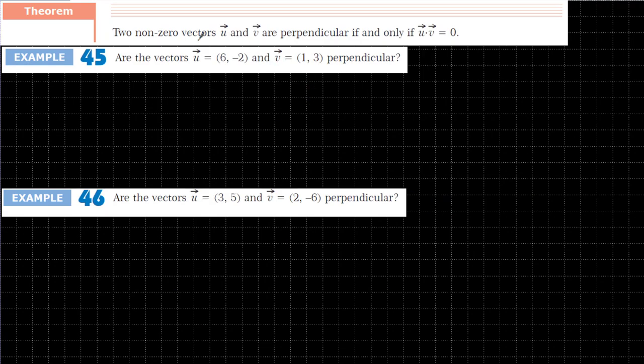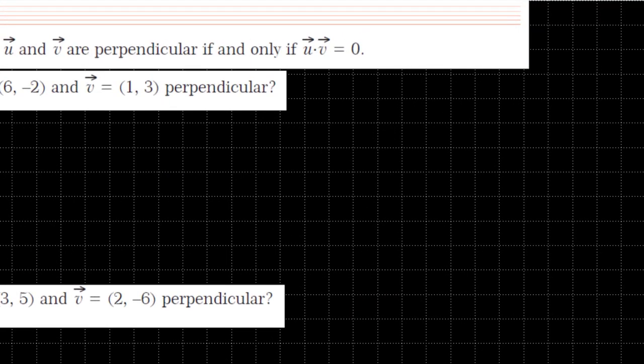Okay, this is the last one. Actually, it is related to the previous one. If two non-zero vectors u and v are perpendicular, the dot product of u and v should be equal to 0. Why is it like that? Let me explain.